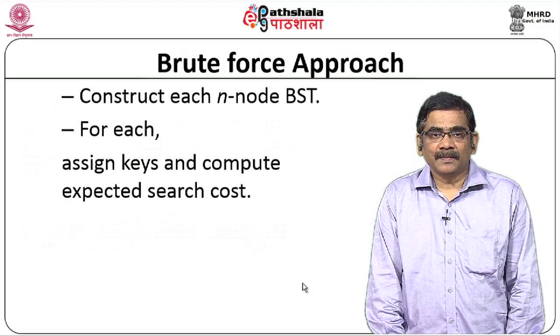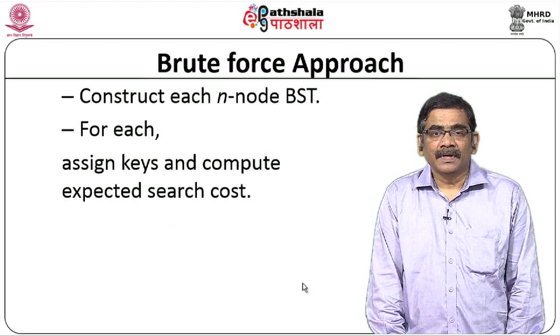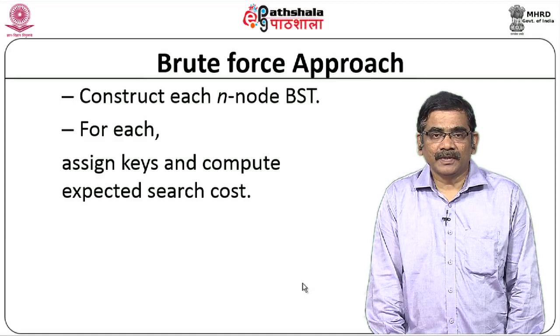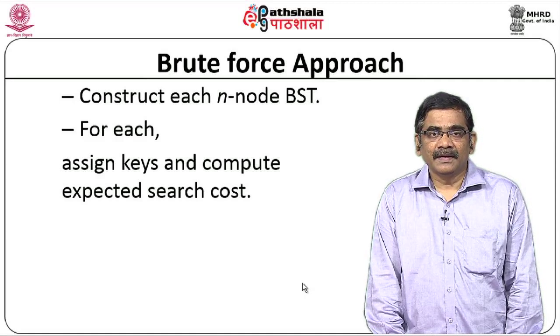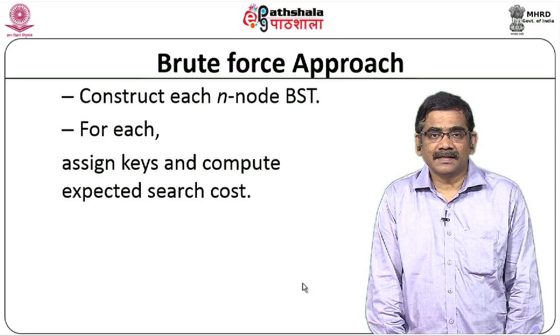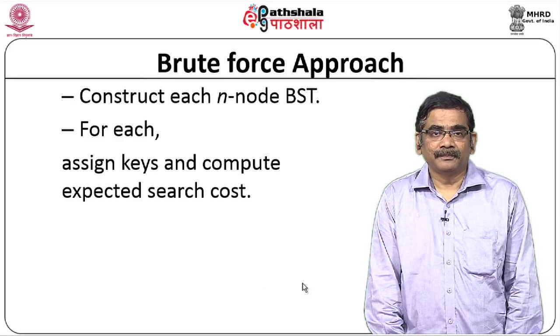The key of this particular problem is the minimum cost. So, the question is, given a set of keys, any arbitrary keys A1 to AN or K1 to Kn, how will you construct the tree such that the cost is going to be minimum.